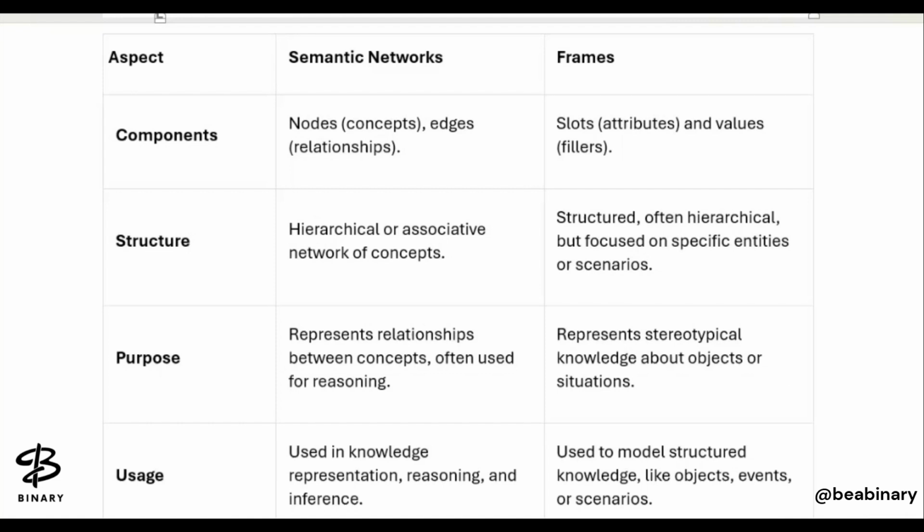Now, what is the purpose? The purpose of the semantic network is to represent the relationship or association between concepts, often used for reasoning, right? We have talked about reasoning also, what reasoning is and how you define reasoning in AI. And in a frame, we represent the stereotypical knowledge about objects or situations, right?